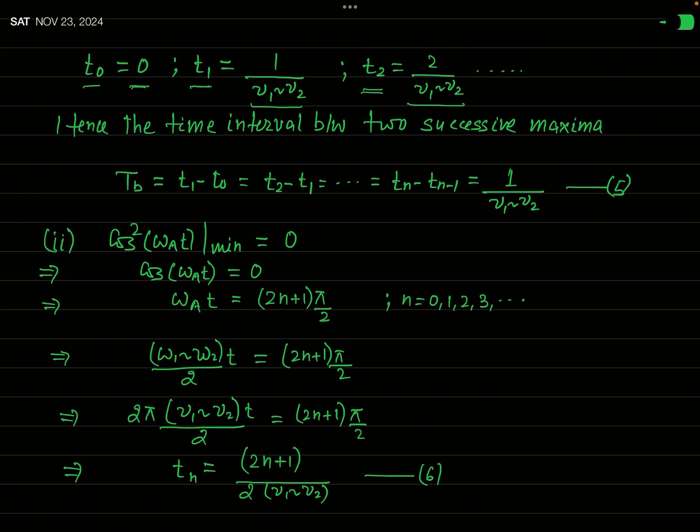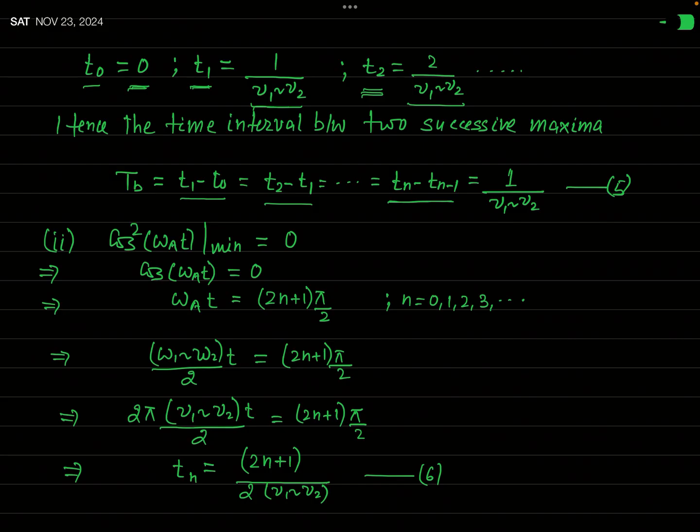So the first maxima occurs at time 0, the second maxima occurs at time t1, the third maxima occurs at time t2, and so on. So what will be the interval of time between two successive maxima? The time interval between the first and the second maxima will be t1 minus t0, between the second and the third maxima it will be t2 minus t1, and in general the time interval between the nth and (n minus 1)th maxima will be tn minus t(n minus 1).